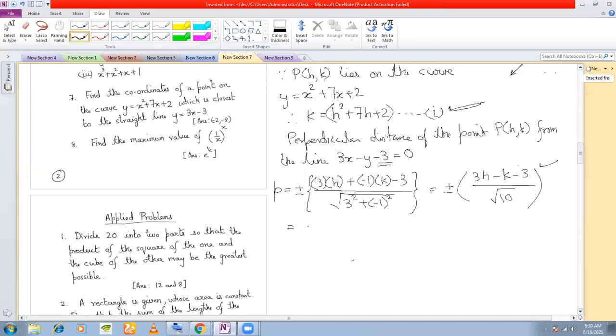We are going to write this as plus or minus 3h minus, and what is the value of k here? h square plus 7h plus 2, minus 3, divided by root 10.